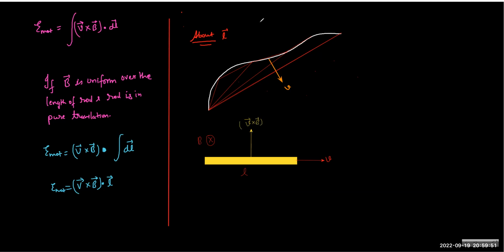So definitely the dl vector is going to be along the length, right? So the V cross B and the dl direction cannot be parallel. They will be mutually perpendicular, right? And therefore the dot between them will be 0.